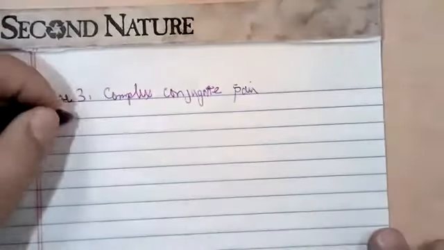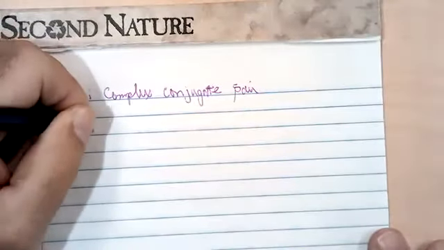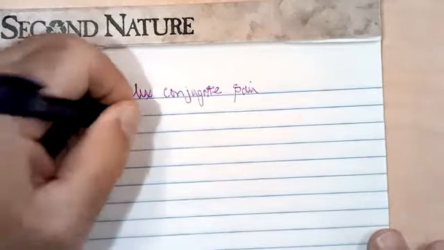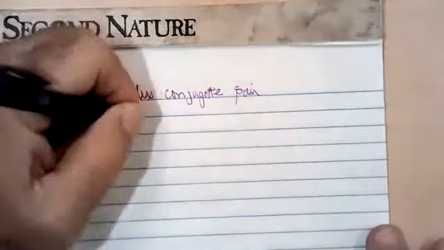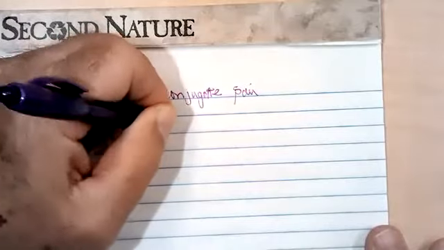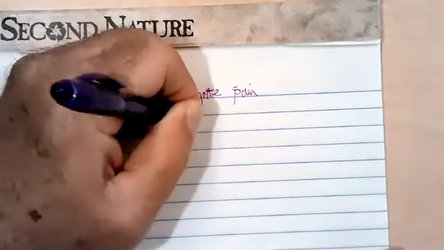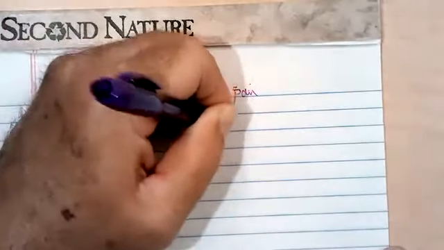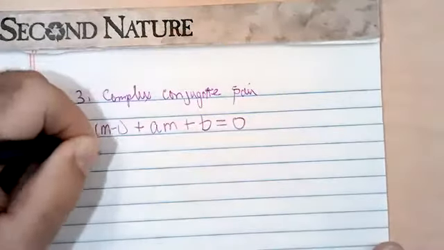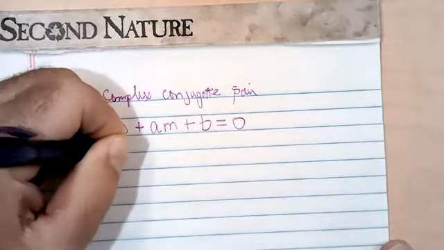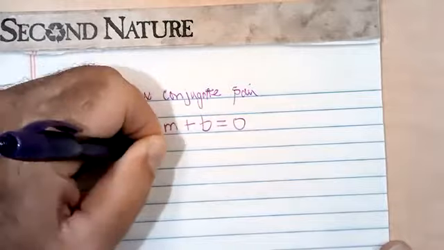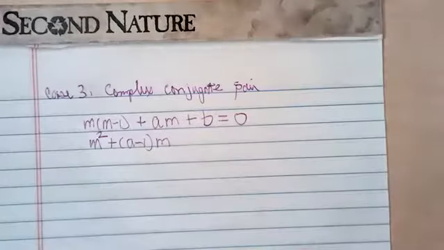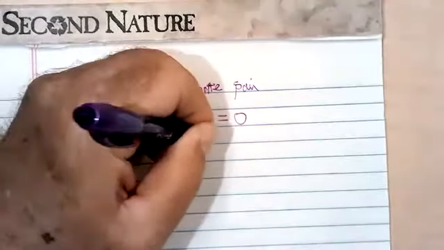All right, we were solving this, m minus 1 plus a m plus b equals 0, which is m squared plus (a minus 1) m plus b equals 0.